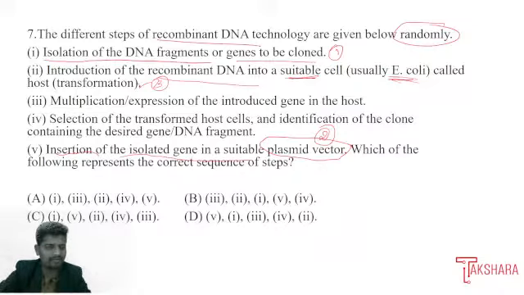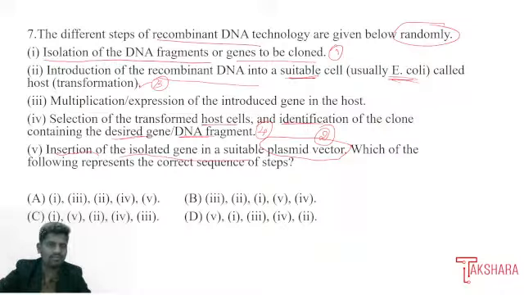So it is also the correct one. And after that, the selection of the transformed host cell and identification of the clone containing the desired gene or DNA fragment. So that is step number 4.